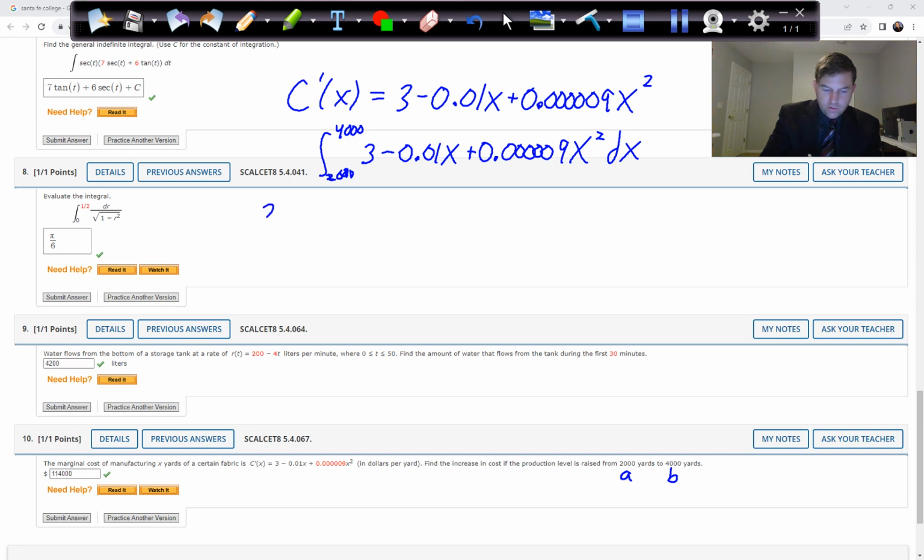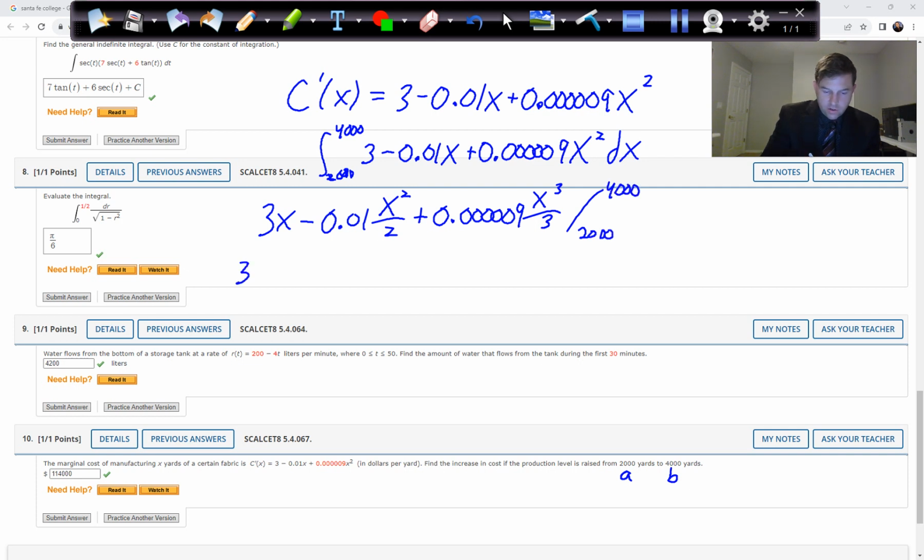So we're going to get 3x minus 0.01 x squared over 2 plus 0.000009 x to the third over 3, from 2,000 to 4,000.